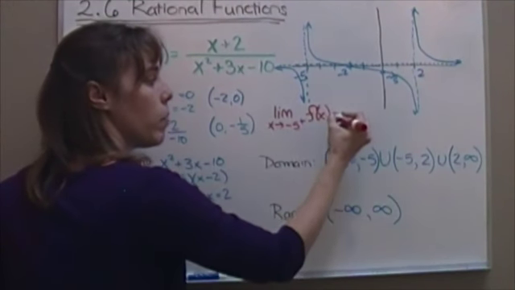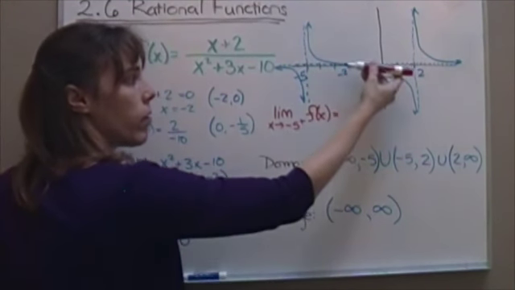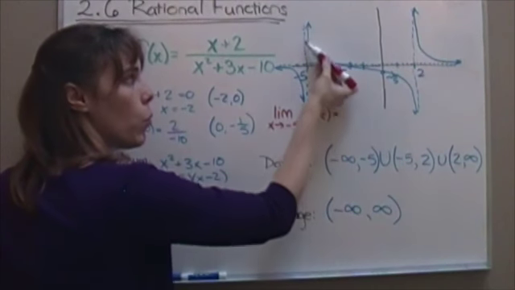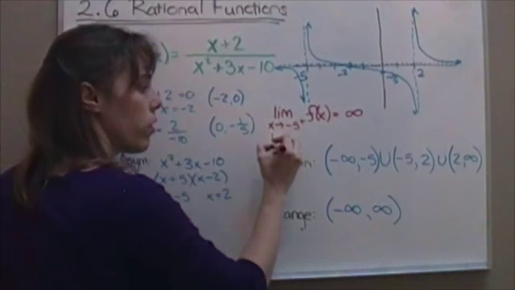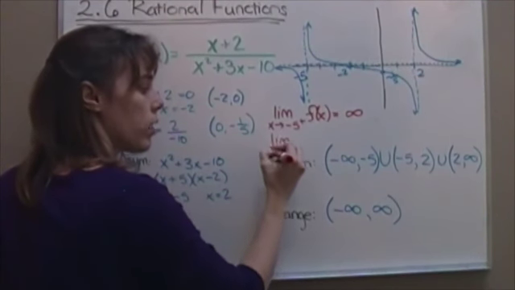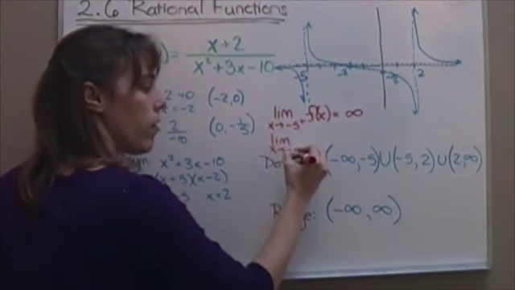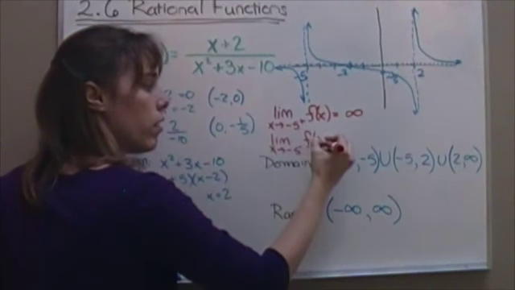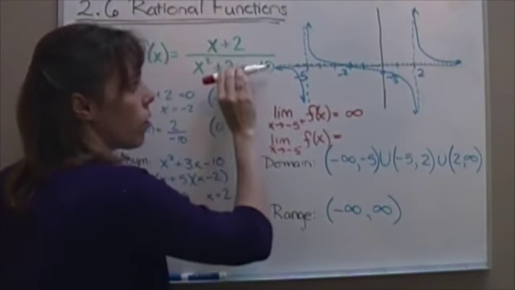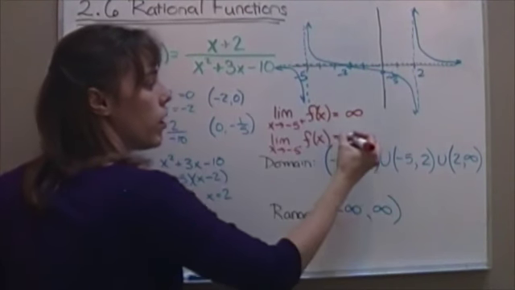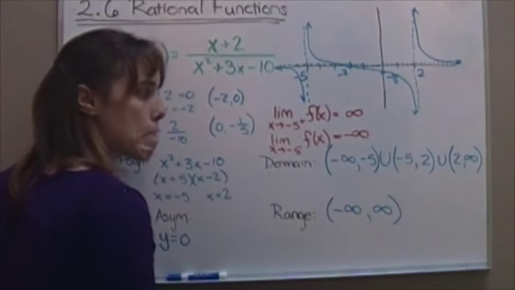Is that going to give me positive infinity values or negative if I approach it from the positive side? Good. If x approaches negative 5 from the negative side, I'm going to get, going towards it from the negative infinity.